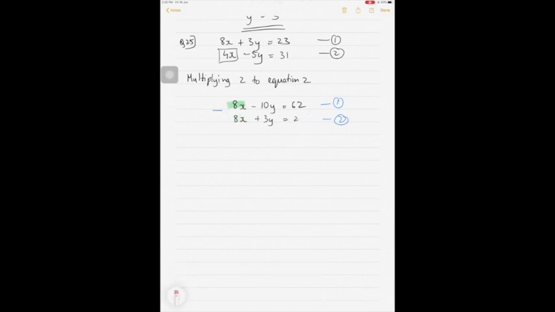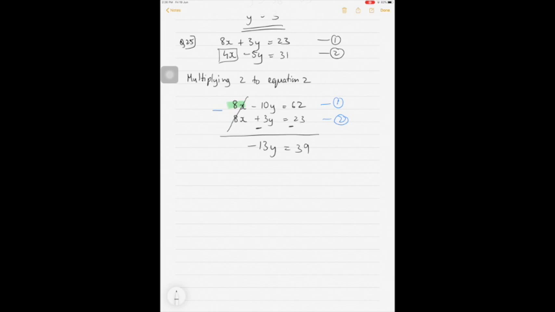Okay. So when you open the brackets, what will happen? This 10y will become minus 10y, and 3y will become minus 3y and 23 will become minus 23. Now 8x minus 8x, you can cancel this. 10y minus 3y will become minus 13y, and 62 minus 23.